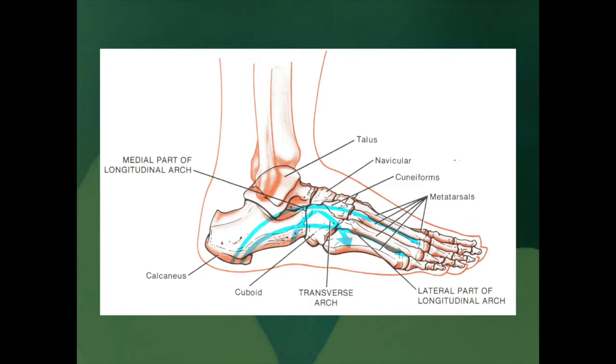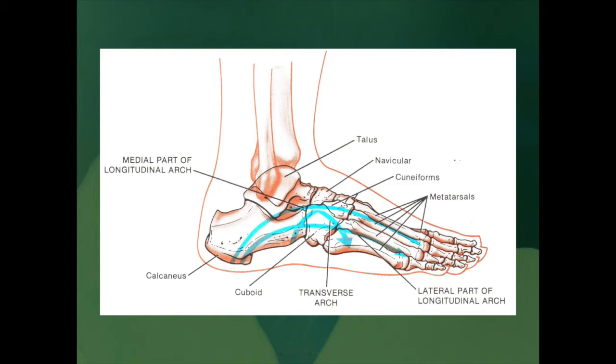The transverse arch is formed by the navicular, three cuneiforms, the cuboid, and the bases of the five metatarsals. So again, we recognize two major arches. We have a longitudinal arch, which is composed of a medial part and a lateral part, or an inner and an outer part.